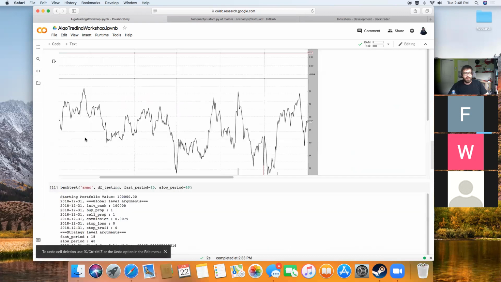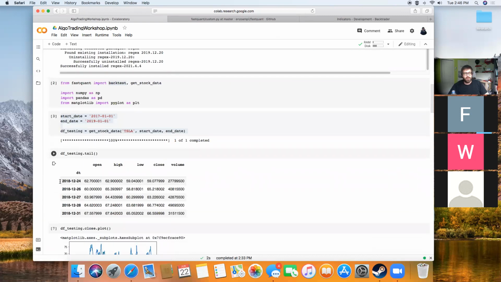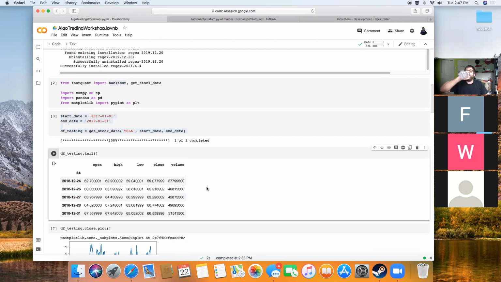Okay, so you see these rows, at every date we want to have another column here that says action: what are we going to do, buy, hold, or sell? Because we want to use this data to train a classifier. So how would you decide whether you should buy, sell, or hold?